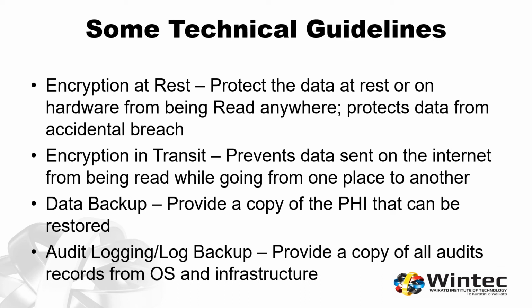Data backups. Provide a copy of the PHI that can be restored when required by the data subjects and the data processors. Audit logging or log backup. This involves providing a copy of all audit records from the operating system and infrastructure to ensure that proper logging and monitoring can be performed when needed.